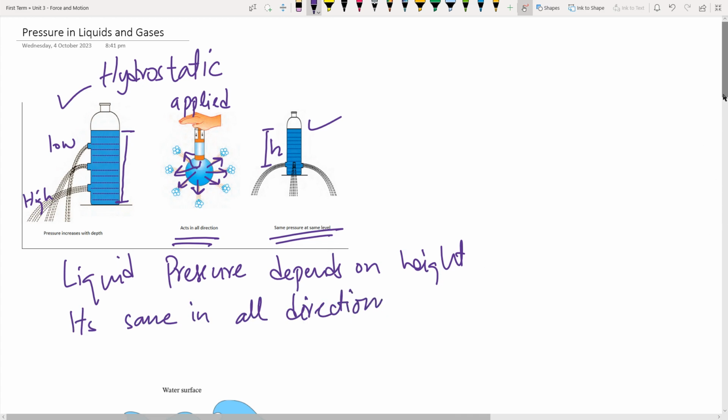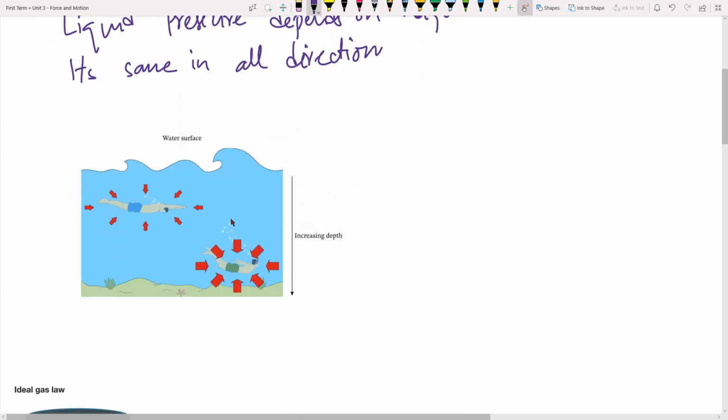So that means if I go for a deep dive, and my depth from the water surface is low, then the pressure is going to be low, as you can see with the small arrows. And if I take a deeper dive, then it is going to be high pressure. A deep dive will have more pressure.